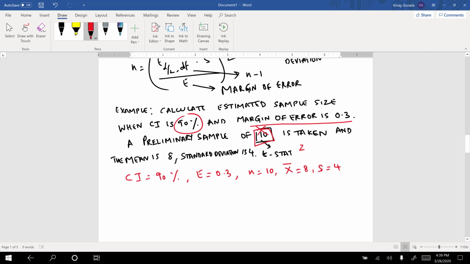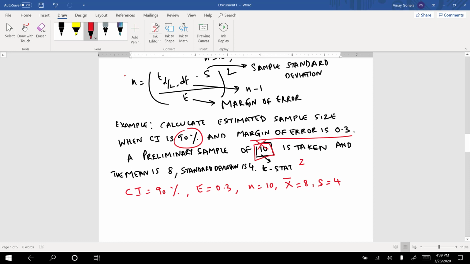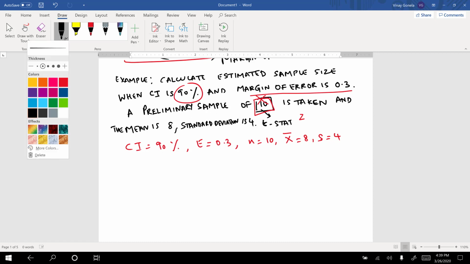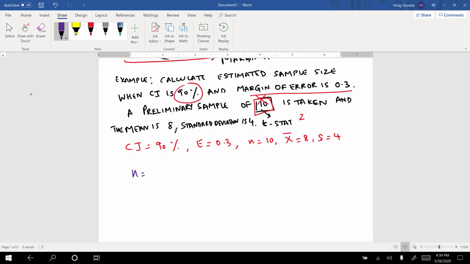So we can just use this formula and see if we can do this problem. The formula is n is equal to T alpha over 2 degree of freedom multiplied by S divided by E, whole square.